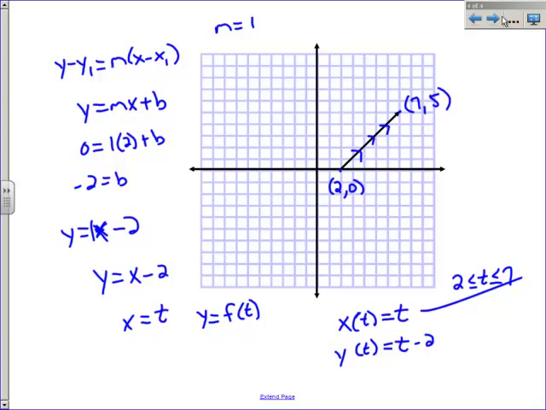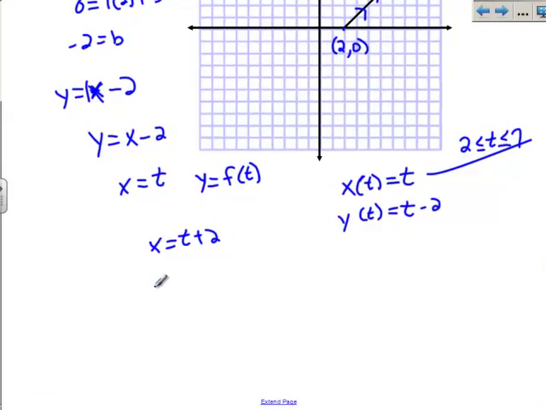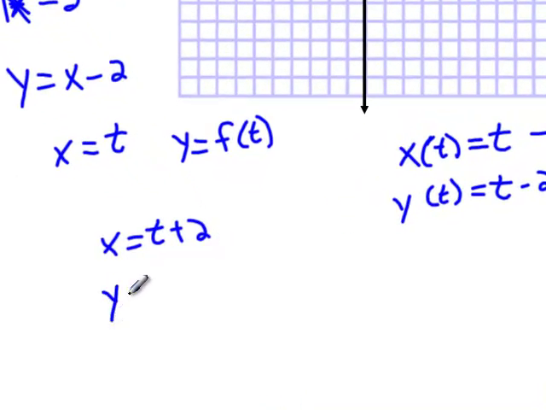Now, that's not the only answer. I could have also done x equals t plus 2. Why would I do t plus 2? Well, if I want t to be 0 and I want to start at x coordinate 2, I could have the equation x equals t plus 2, because if you plug in 0 for t, x is 2. And then y would be f of t.